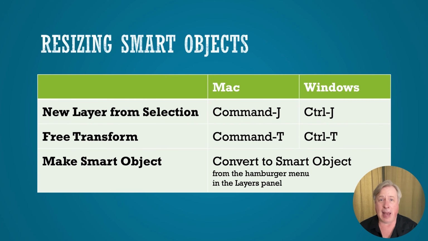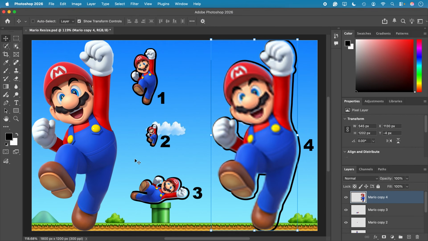We only need to add one step to help Mario stay pixel perfect in his adventures. Convert him into a smart object. We'll use the Layer Panel's hamburger menu to access this command. Wish we could turn back time to the good old days. A quick way to do that is to revert the file to its original state.